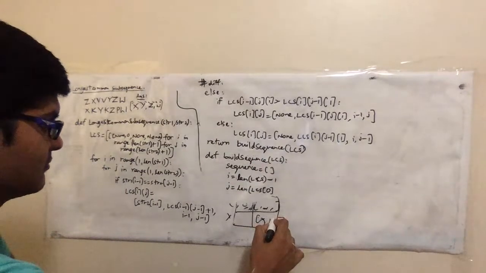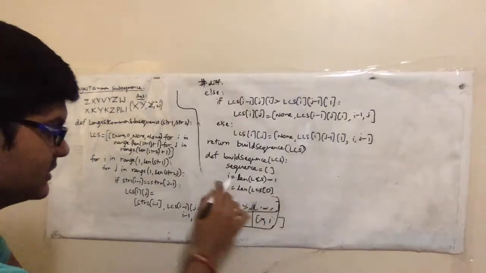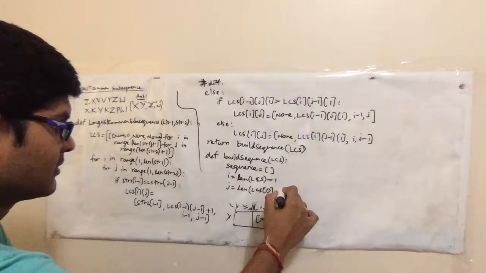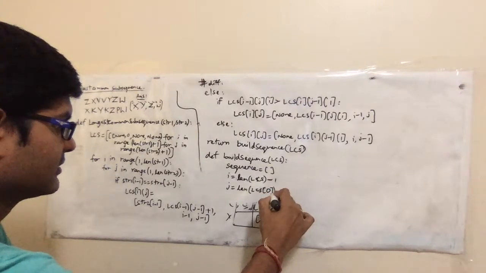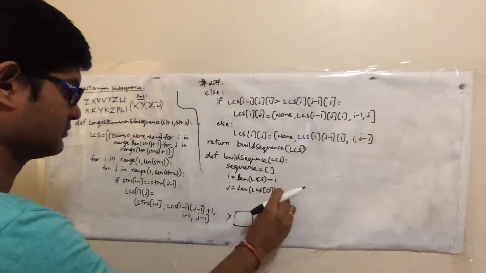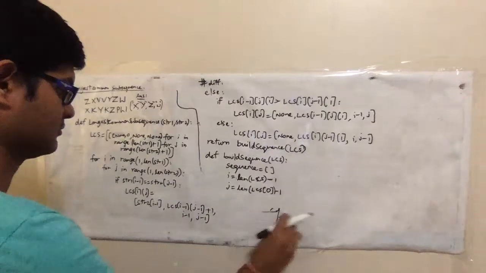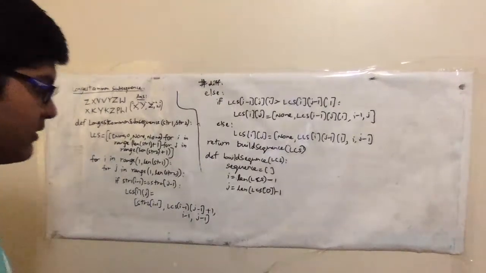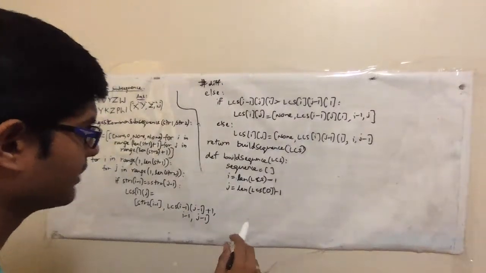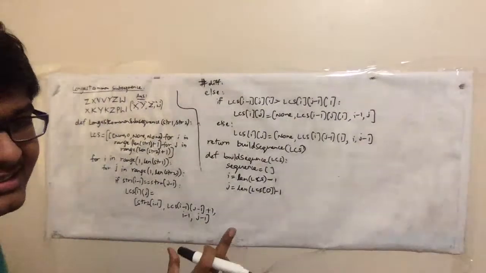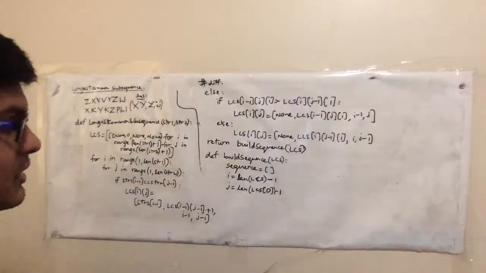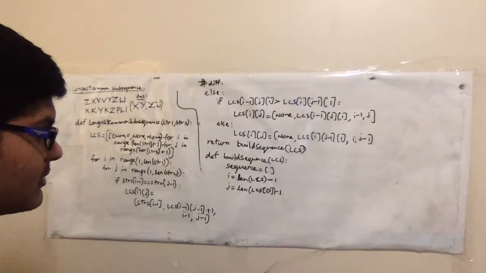I mean this cell, LCS of 0, that would be the first row's length minus 1. So we initialized j is equal to length of LCS of 0, the first row, length minus 1.